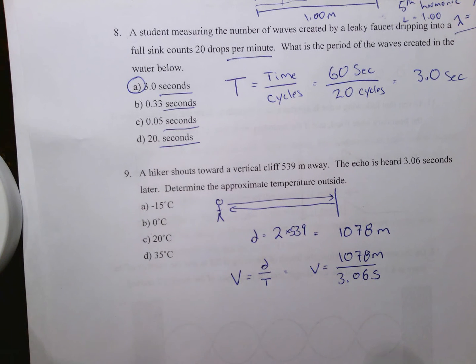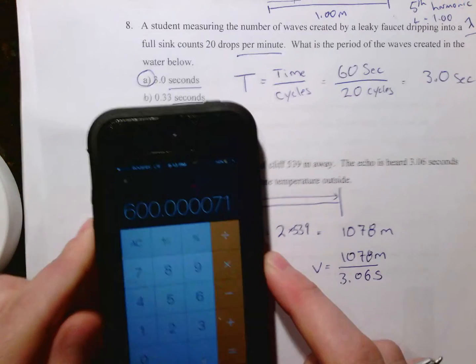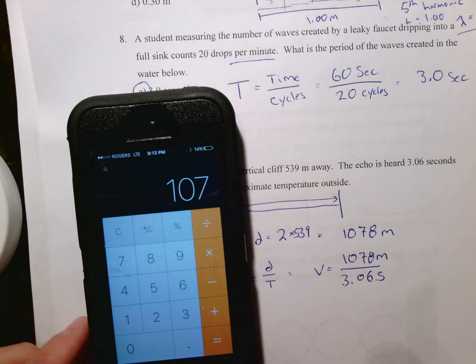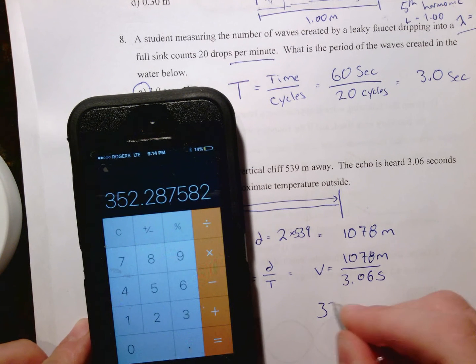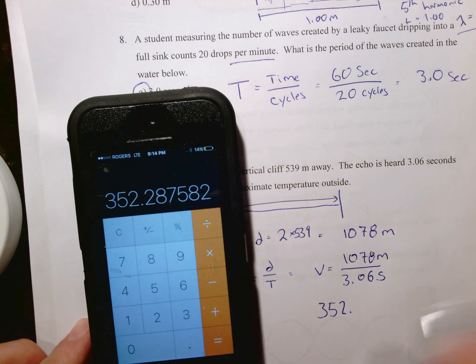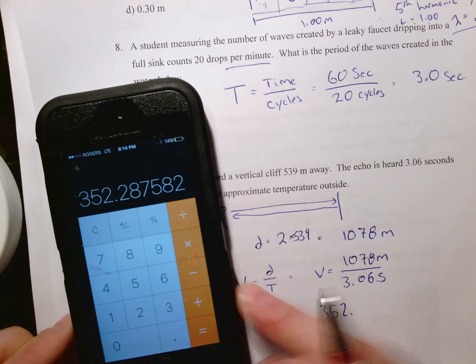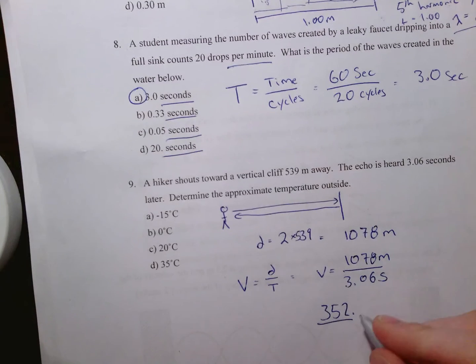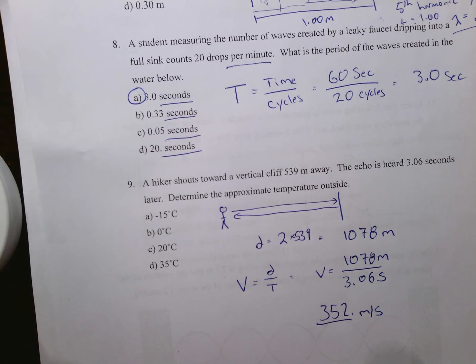Now, quickly grabbing a calculator, we can figure out what that's going to be. 1,078 divided by 3.06 gives us 352 point a bunch of stuff. But in our question, we only ever have 3 significant figures, so we're just going to leave it at 352. So 352 meters per second is the approximate speed.